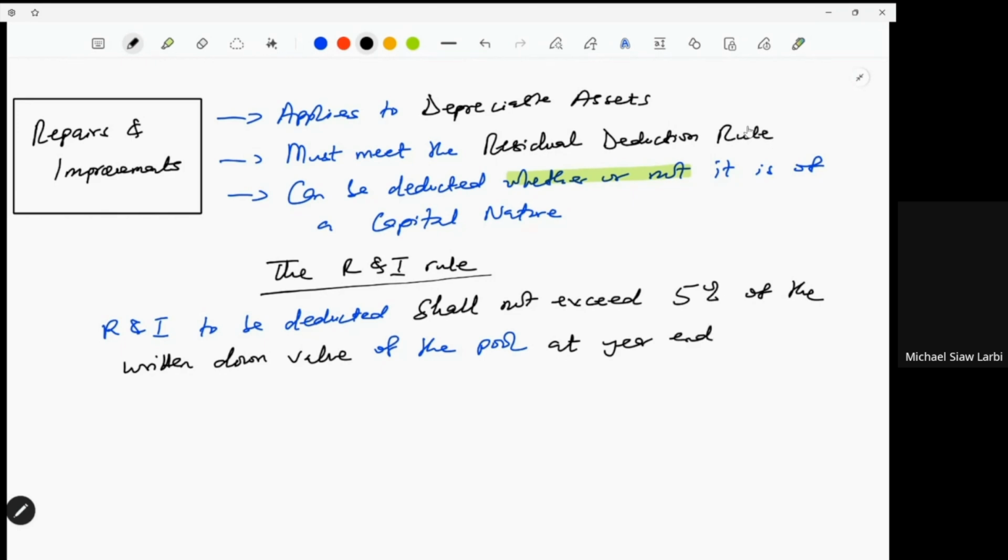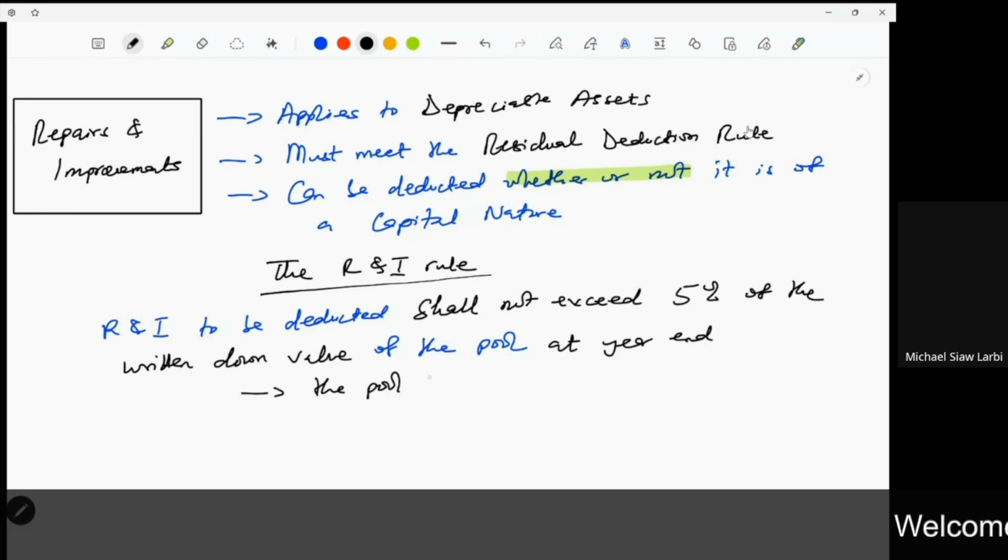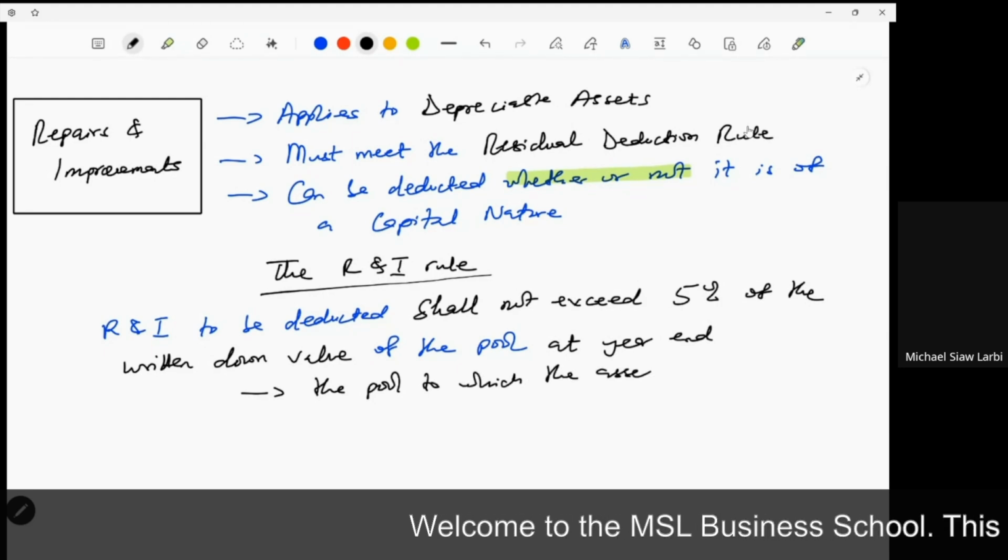Which pool? The pool to which the asset belongs.